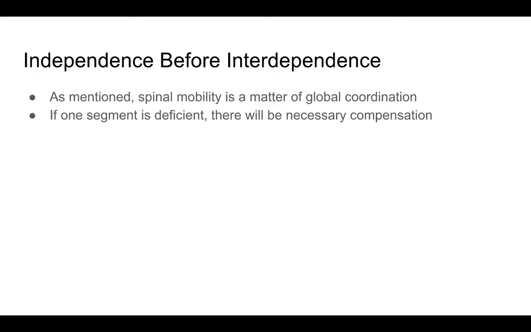It just wants you to escape it. Good form be damned. So it's important to keep in mind that if we do want to maintain good form, if we do want to increase the efficiency and the efficacy of our movements, then we need to ensure that we have proportional mobility, that we have joint independence before interdependence.